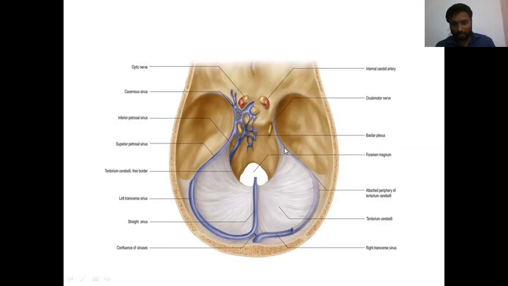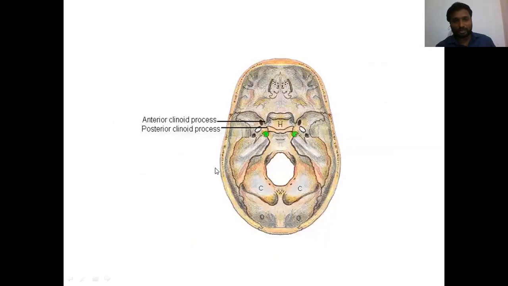Along the anterolateral margin we have the superior petrosal sinus. So, superior petrosal sinus and transverse sinus. Along the superior surface we have another sinus, the straight sinus. So these are some of the important sinuses related to this tentorium cerebelli.